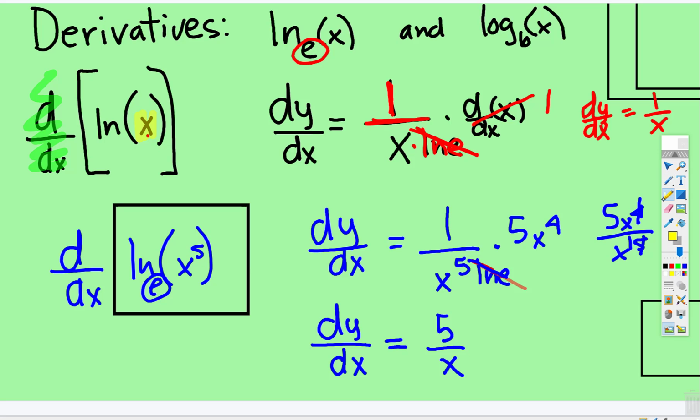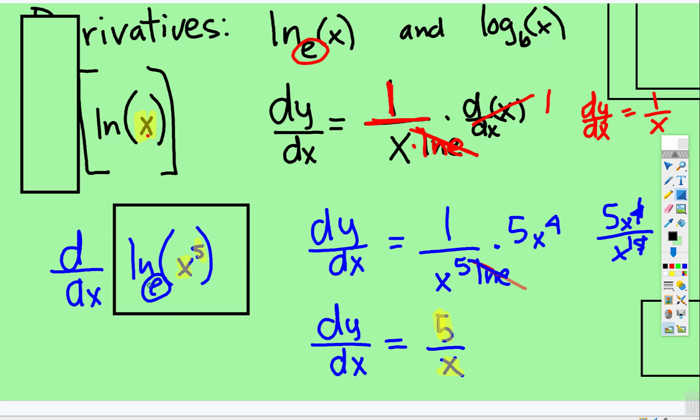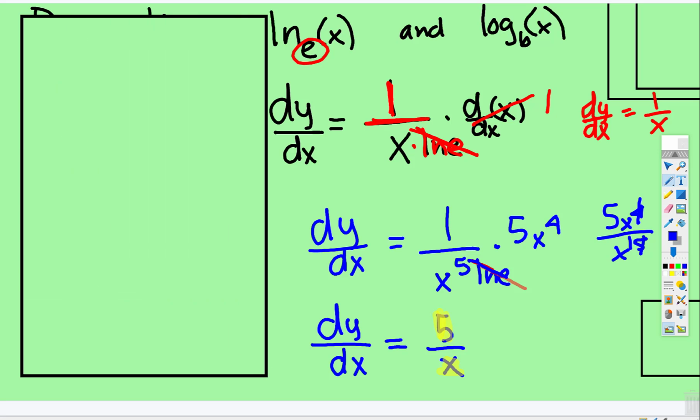And then now I want you to pay attention. Look at this exponent. That is the coefficient or the constant in the numerator, and then the argument, the x value, is in the denominator.